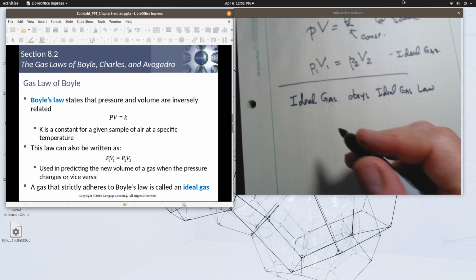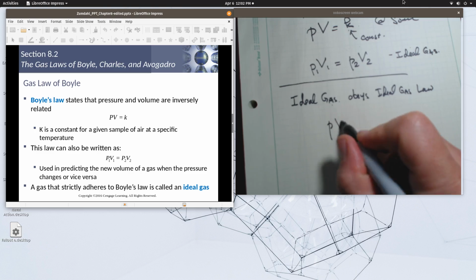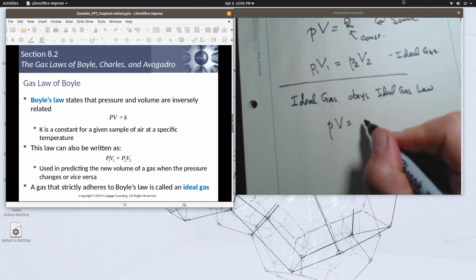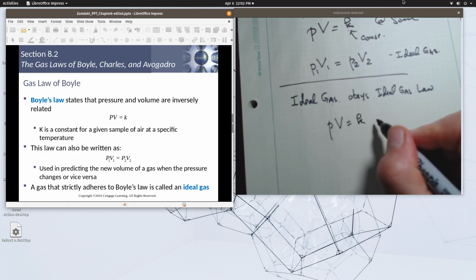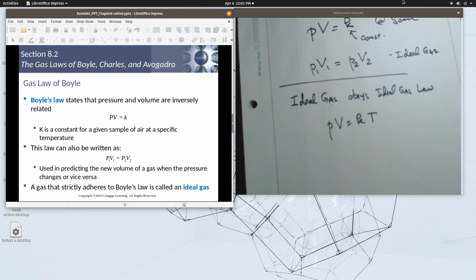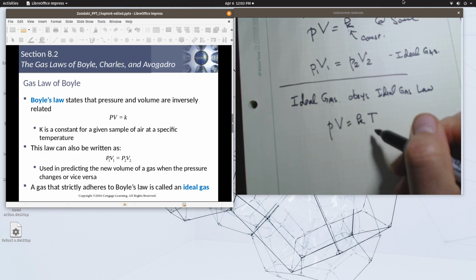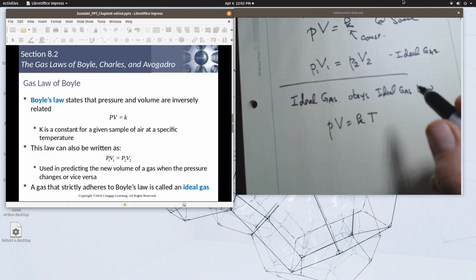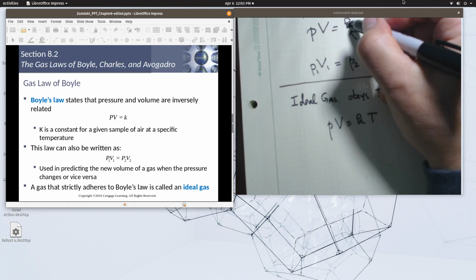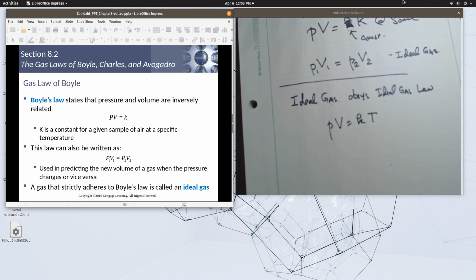Okay, the ideal gas law is that pressure times volume is equal to some constant, but that constant can be written in the following way. Again, K is some constant, a different constant here. Maybe I should write this as a capital K. The ideal gas law constant doesn't depend upon temperature.